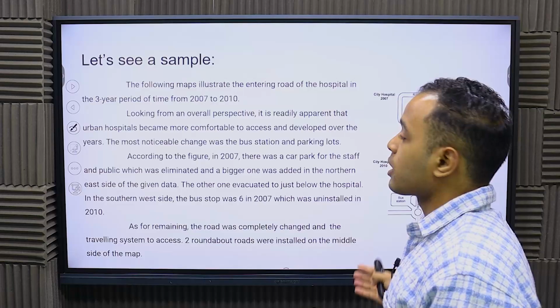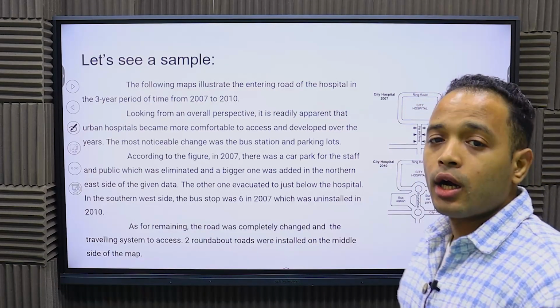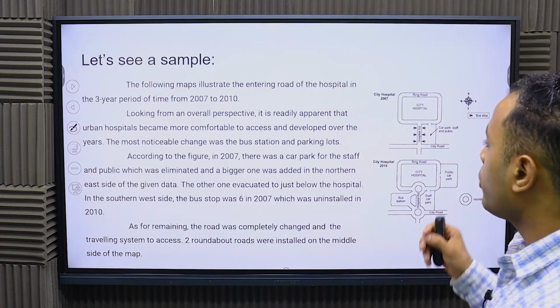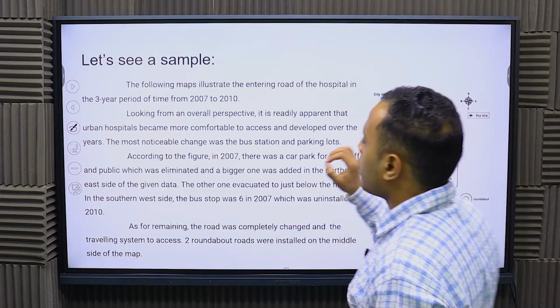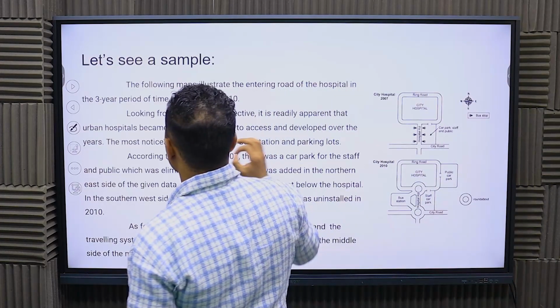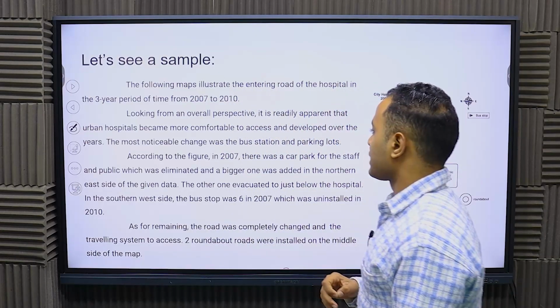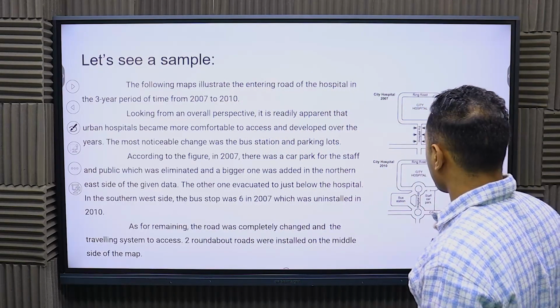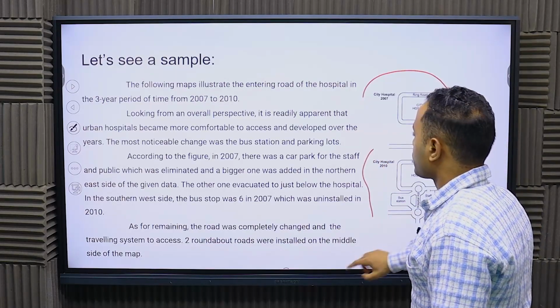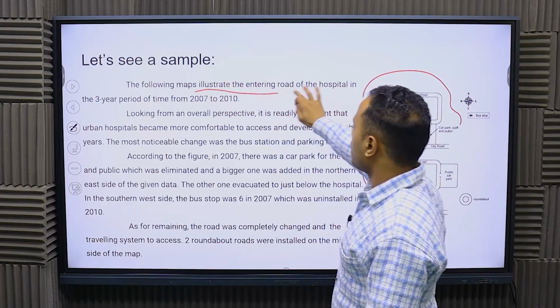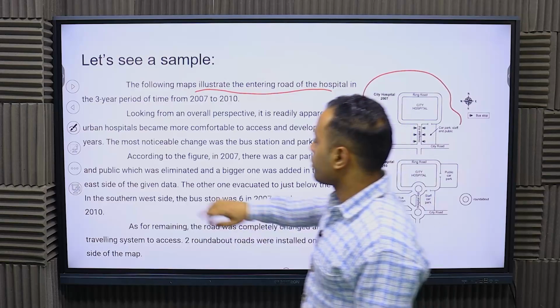We are going to read it together, then we will just do a kind of analysis on it. So the following maps illustrate the entering road of the hospital in the 3-year period of time from 2007 to 2010. Here we have this part and this part. As we did, the first part is, we're just paraphrasing. Let's have a look at the second one.